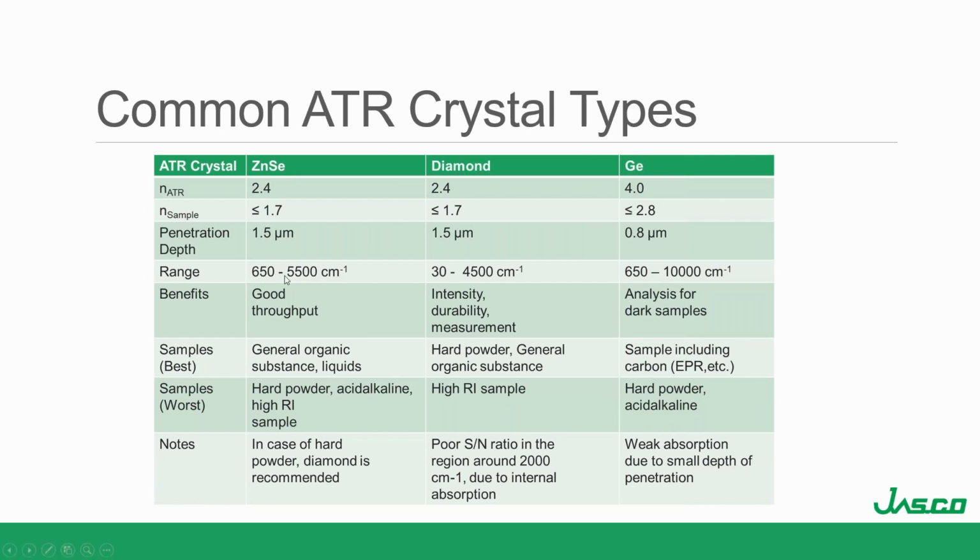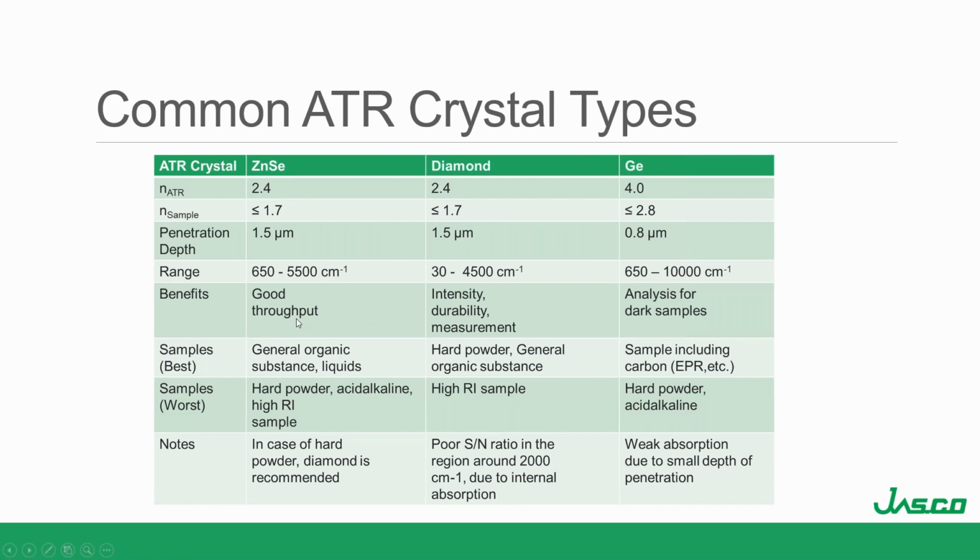The range is 650 to 5500 for zinc selenide, all the way down to 30 for diamond to 4500, and 650 to 10,000 for germanium. So germanium can even be used in the near IR.